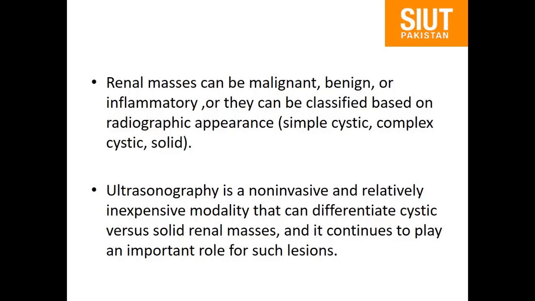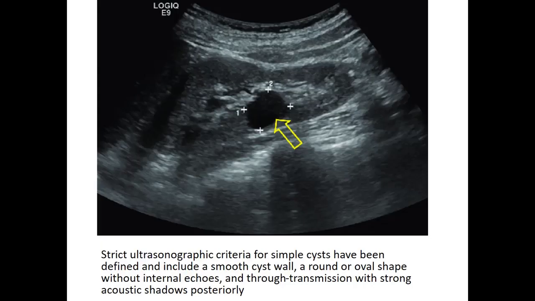One of the best tools we have for initial screening is the ultrasound, which is a non-invasive and relatively inexpensive modality that can differentiate cystic versus solid renal masses, and it has an important role for such lesions. If you look at this picture, you must have gone through such images in your clinical career, which shows a simple cyst.